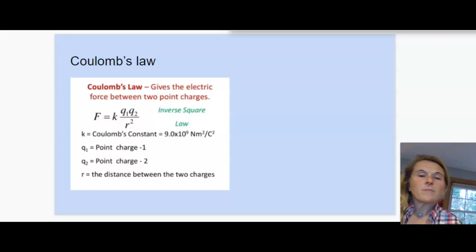So an important part of electron structure is Coulomb's law. This gives us the force that is between 2 points that have charges.